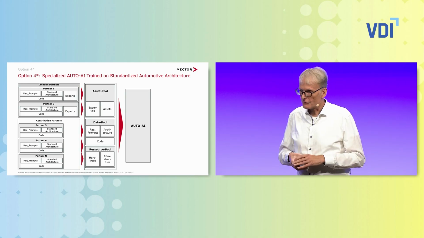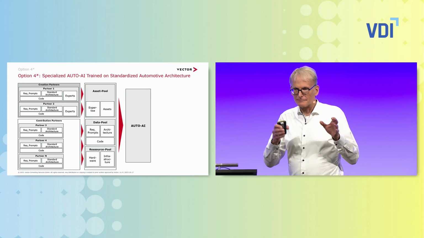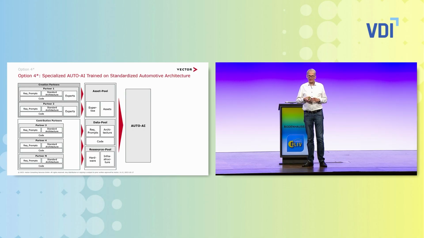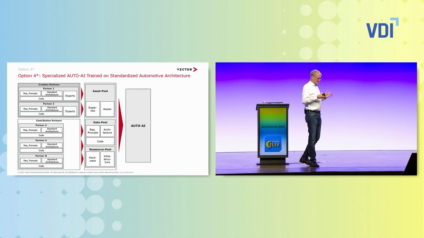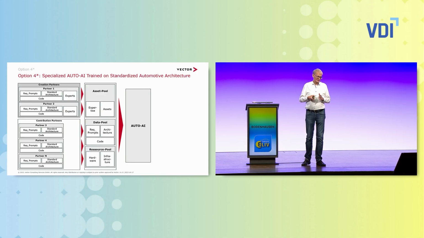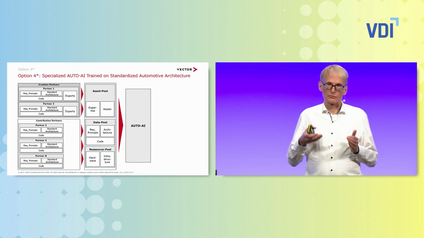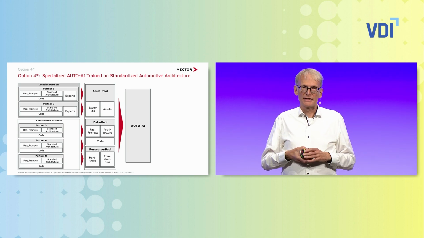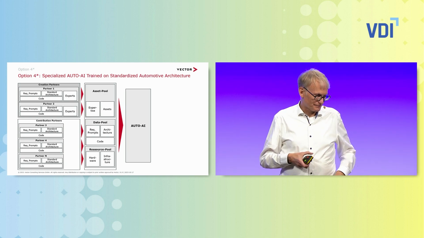And instead of all of them working independently and training little Gen AI, spend a combined effort to create an auto AI, something that has learned to code in our domain, in our automotive standardized architecture.